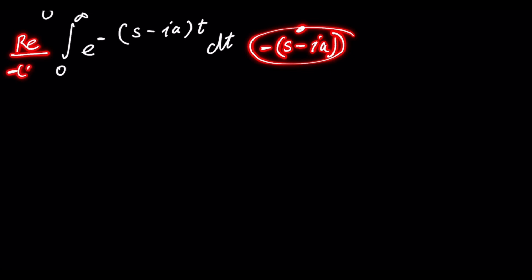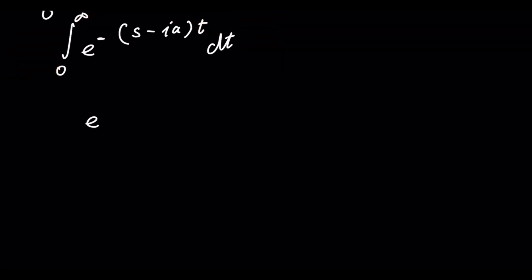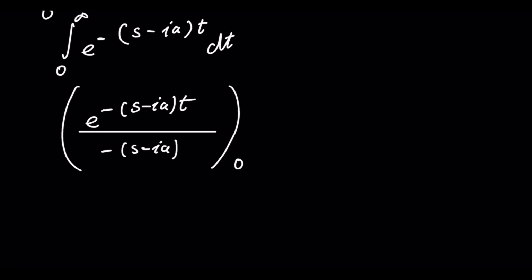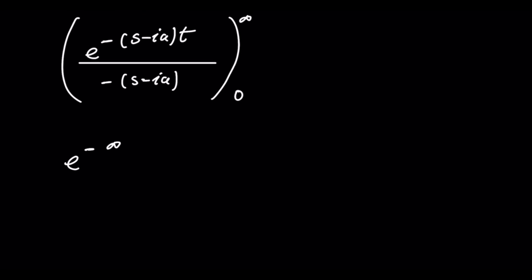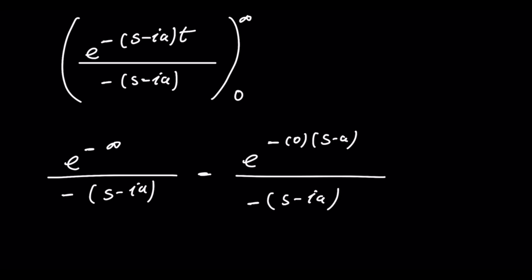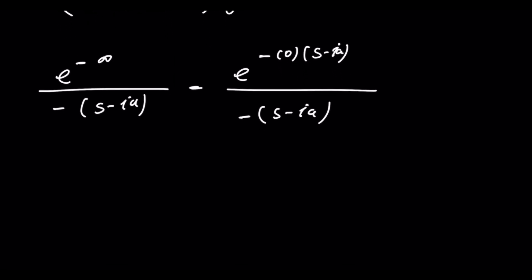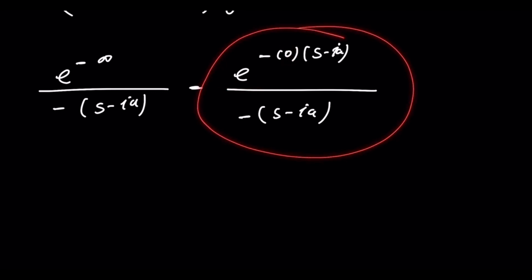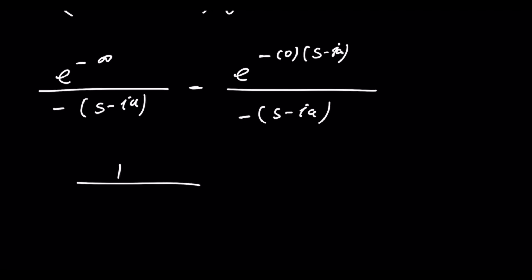This is the real part here. e power negative infinity is 0, so this entire expression is going to become 0. e power 0 becomes 1, so we are going to be rewriting this expression as, don't forget, there is a real part written outside.